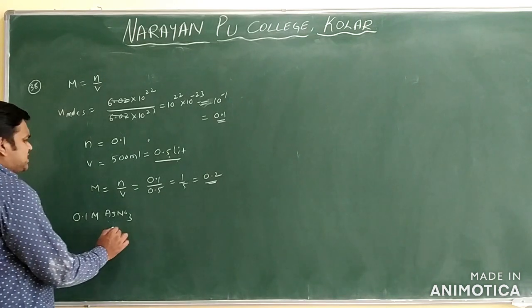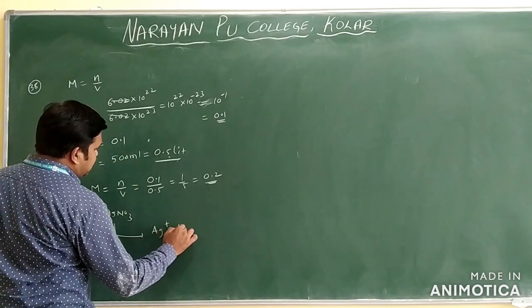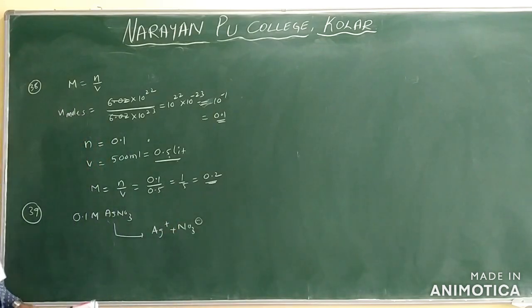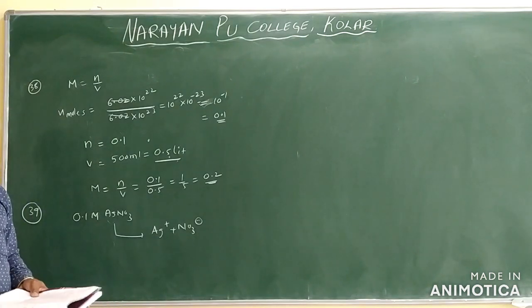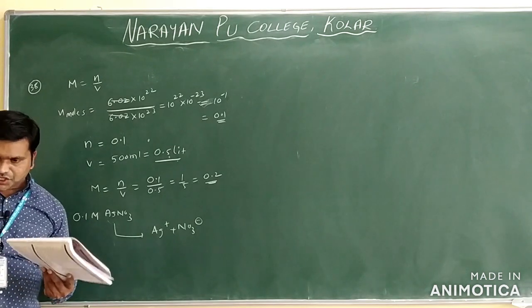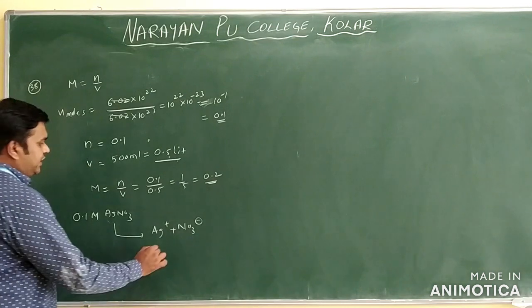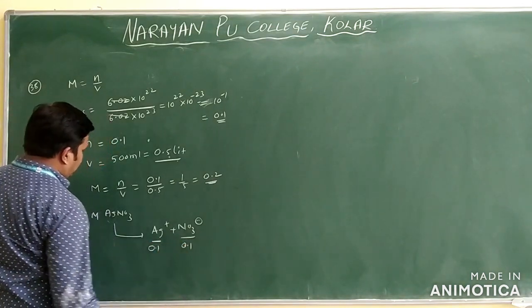AgNO3 dissociates into Ag plus and NO3 minus only. So the concentration of Ag plus ions is also 0.1 and the concentration of NO3 minus is also 0.1 only.